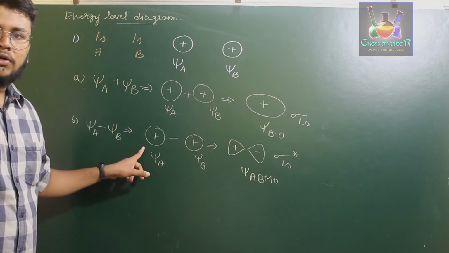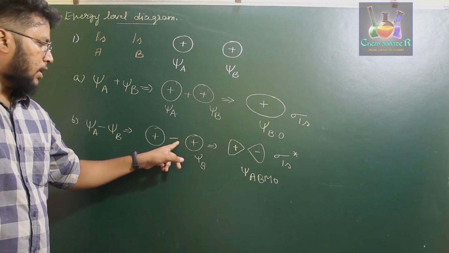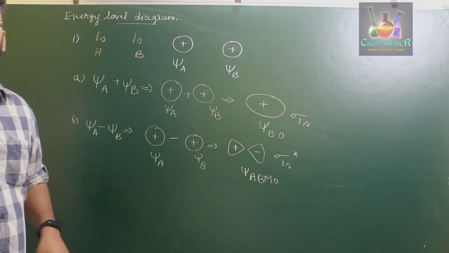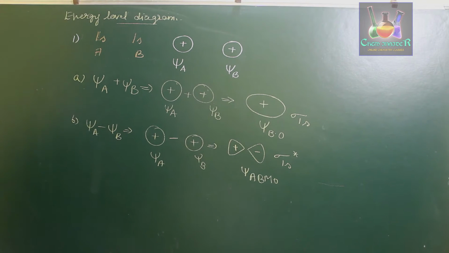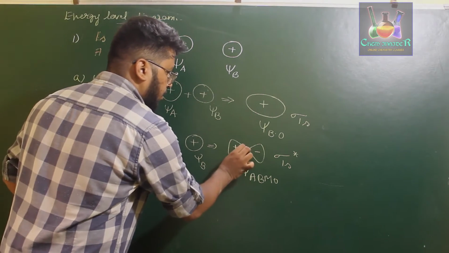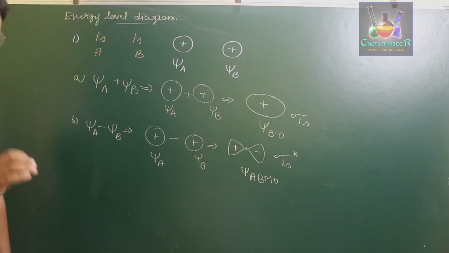If you consider psi A minus psi B, one of the positive gets combined to form negative because of the simple multiplication, so it forms psi ABMO. These two molecular orbitals will have a node. This antibonding molecular orbital will have a nodal center where there is zero probability of finding an electron.